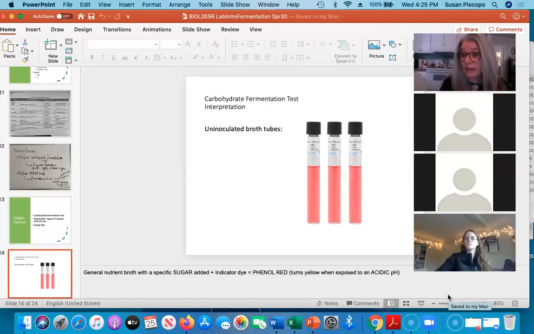So it has a reddish color in the tube normally. And then if the microbe that we put in the tube can ferment our sugar and produce an acid, remember that's one of the products, the media will turn yellow.